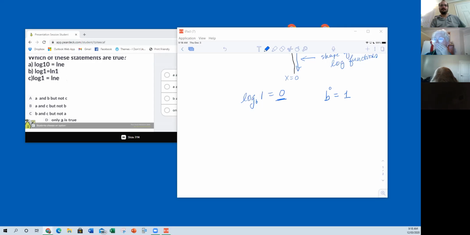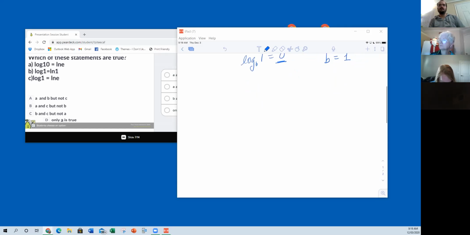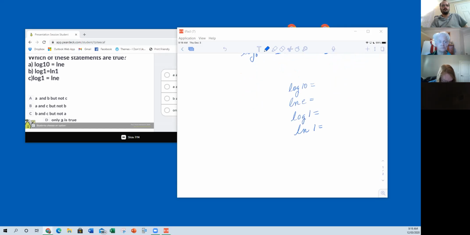Which of these statements is true? So if you think about this, what is log 10?